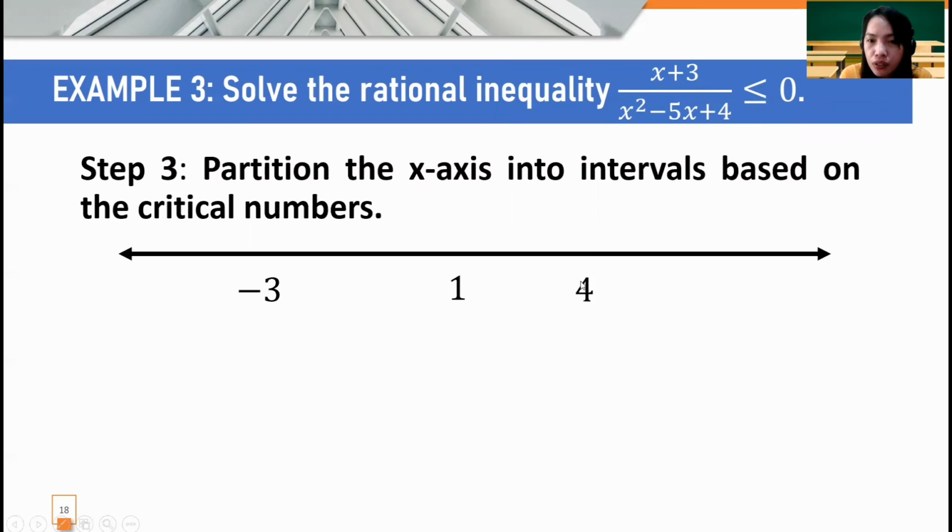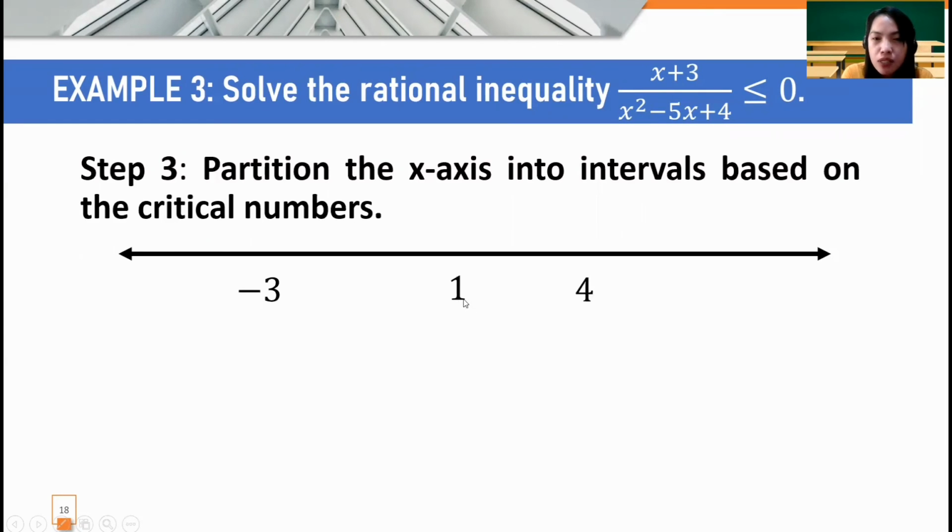But take note, which numbers will make the denominator undefined? In the denominator, the factors are x minus 4 and then the quantity x minus 1. So from the critical numbers, those numbers are 1 and 4.